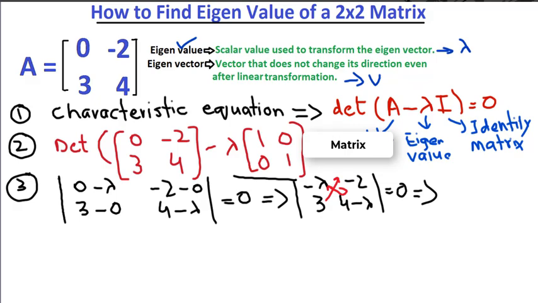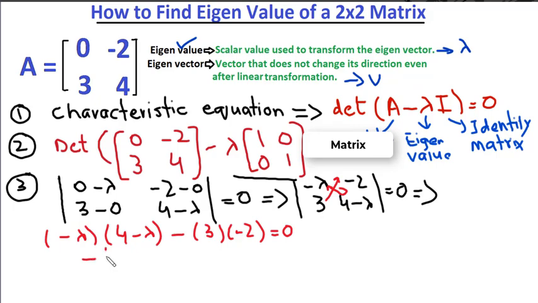Minus lambda into 4 minus lambda, minus 3 into minus 2, equals 0. Solving, we get minus 4 lambda plus lambda square plus 6 equals 0. We arrange it as a quadratic equation: lambda square minus 4 lambda plus 6 equals 0.